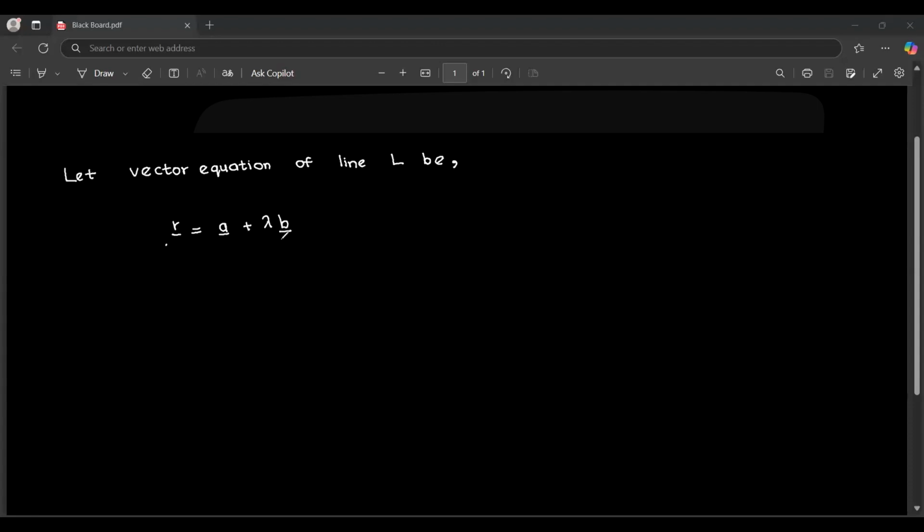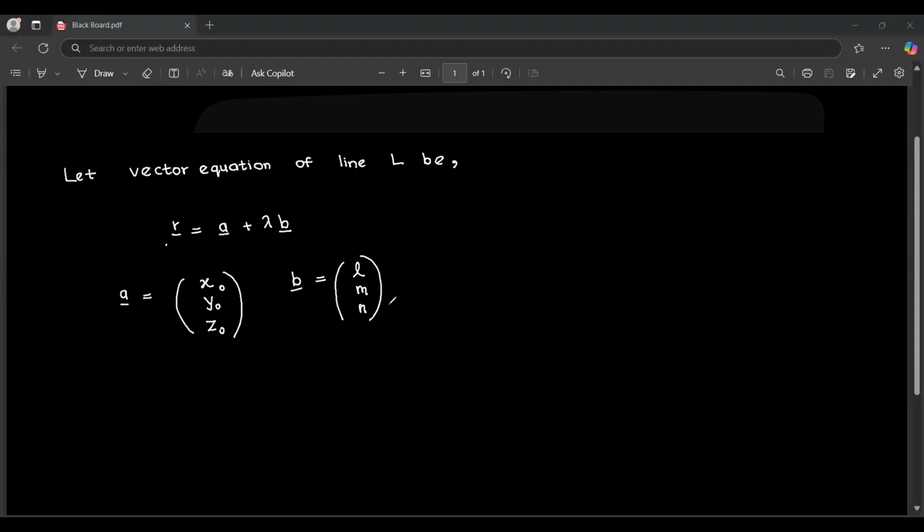Let's now jump into parametric form. Let's say a equals x naught, y naught, z naught. So we know a is a vector, and b equals l, m, n.